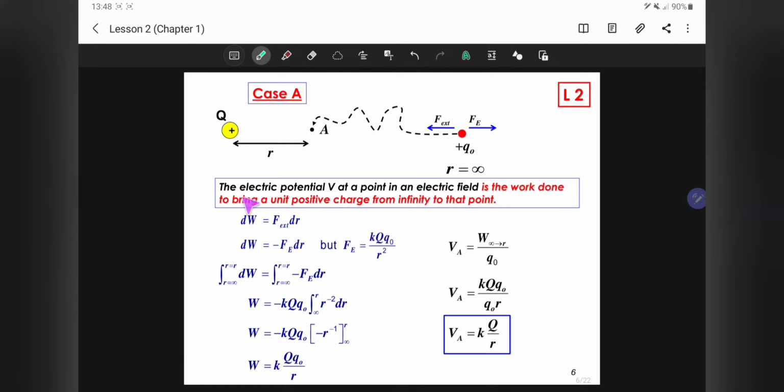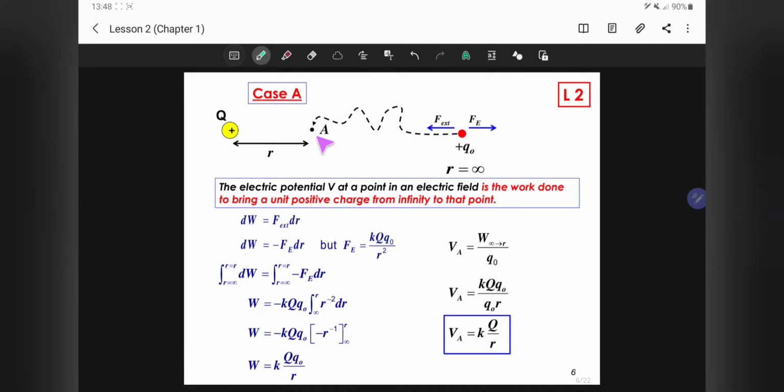The electric potential V at a point in an electric field is the work done to bring a unit positive charge from infinity to that point. For this situation, we are talking about the motion of our test charge from infinity to this point, which is point A.